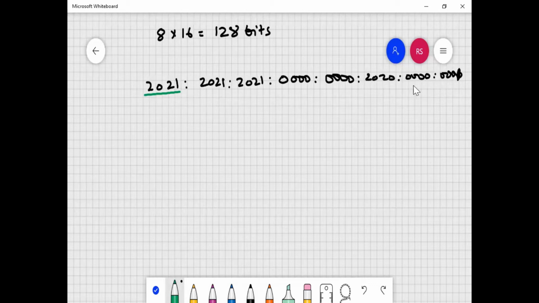That's the reason we are multiplying by 8. So this is 16, this is 16, this is 16, this is 16. Everyone is representing 16, and that is the reason I am multiplying 8, because we have 8 portions multiplied by 16 equal to 128.